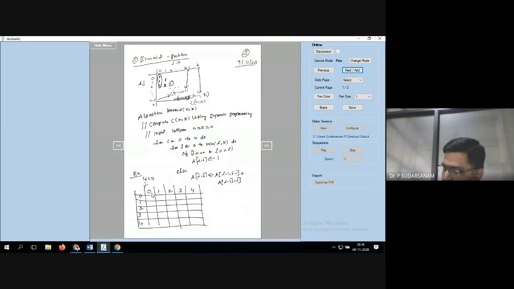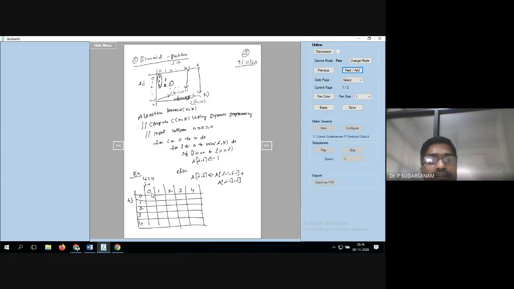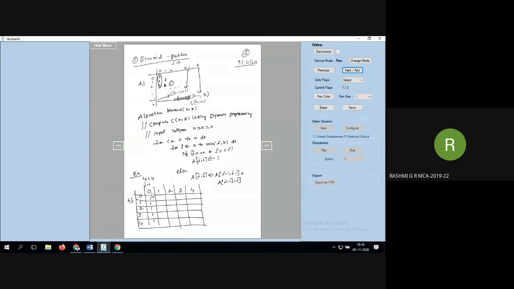This is nothing but the j values, and this is the i values. Now j equal to 0 means the first column, all values. What do we have to write? 1, 1, 1, 1. Shall I write 1, 1? Is anybody having doubt? No, sir.